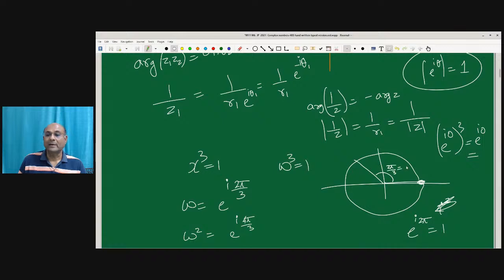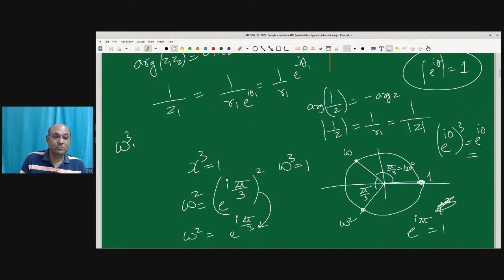What is 2 pi by 3? 2 pi by 3 is 120 degrees. Remember last class I did this? So this is omega. And then 4 pi by 3, that is omega square. This is another 2 pi by 3 this way. So 2 pi by 3 plus 2 pi by 3 is 4 pi by 3. And you can see why, if I square this, you'll get this. So omega square is e power i 4 pi by 3.